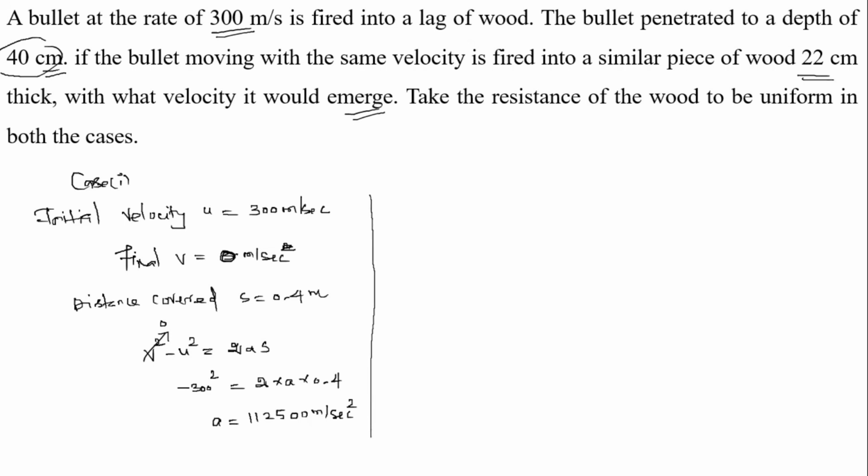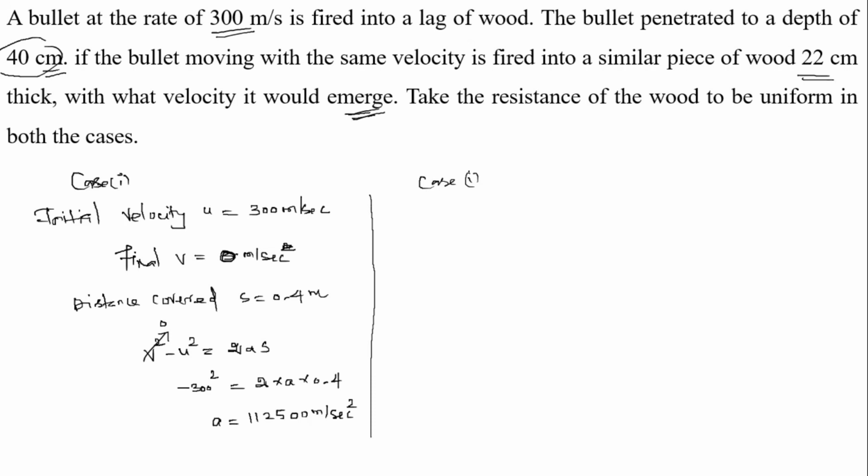Now case 2. If the bullet moving with the same velocity is fired into a similar piece of wood 22 centimeter thick, with what velocity would it emerge? So after penetrating, the acceleration is converted into retardation.